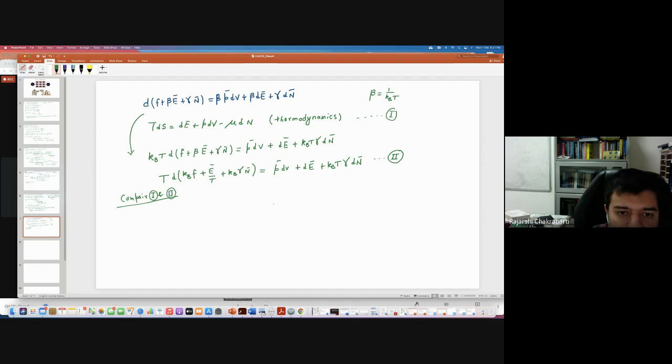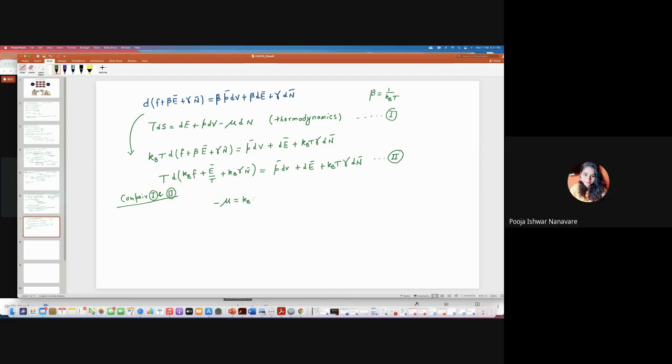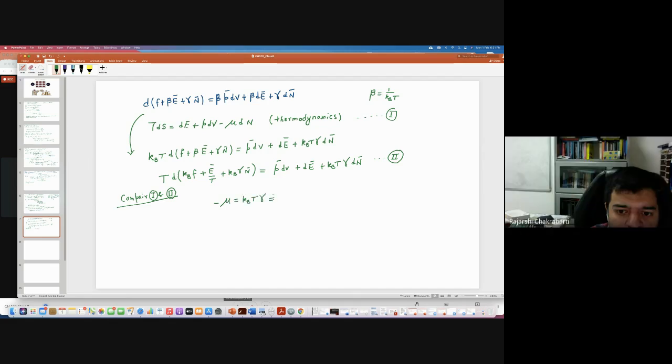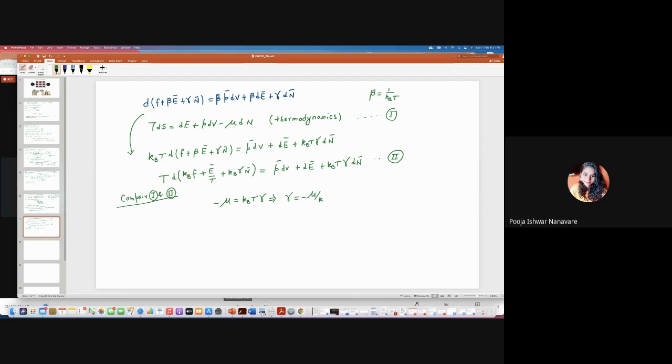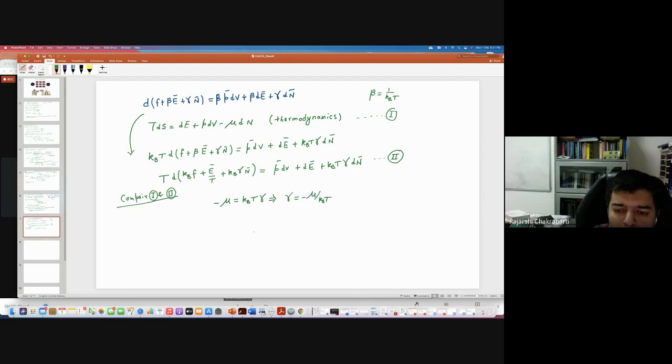First of all, on the right hand side, if I compare, you will see that minus mu is kBT times gamma, which basically means your gamma is minus mu by kBT. This is fine? This is one thing you get.